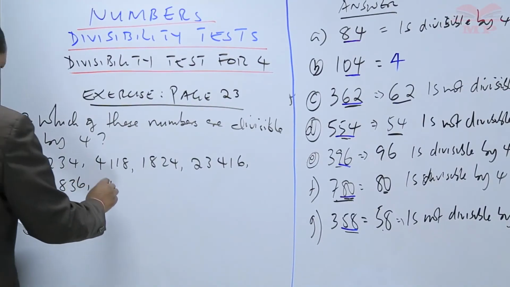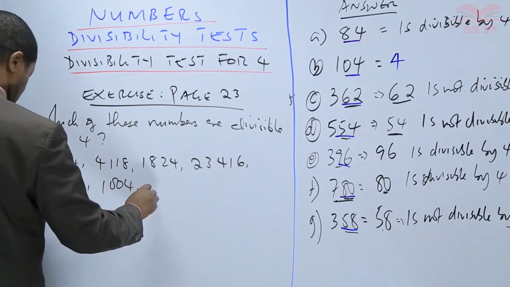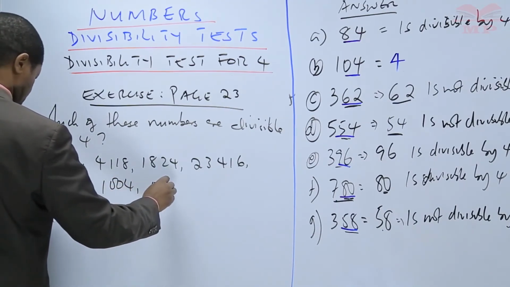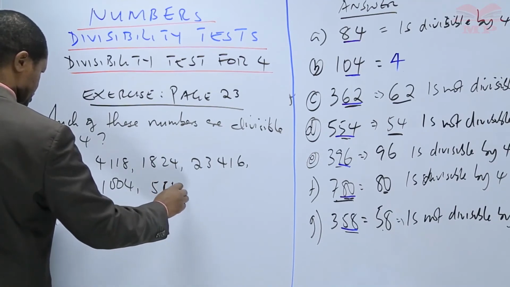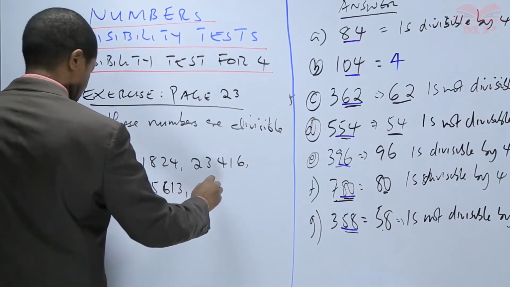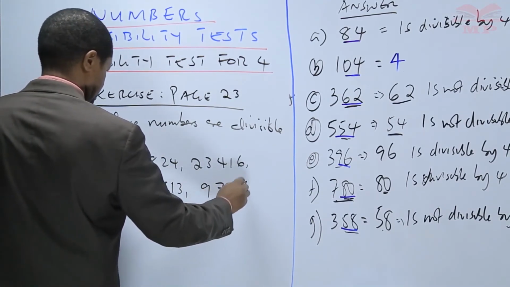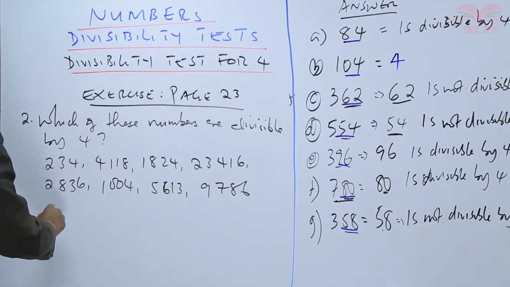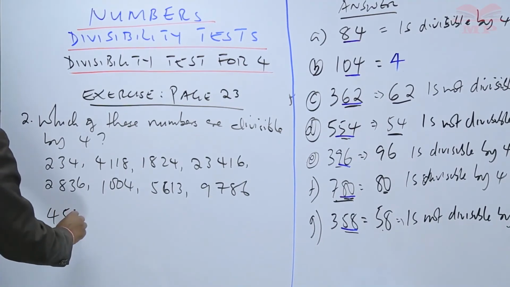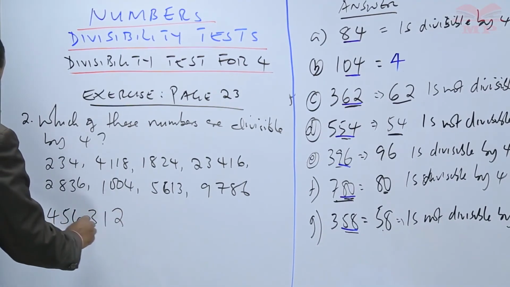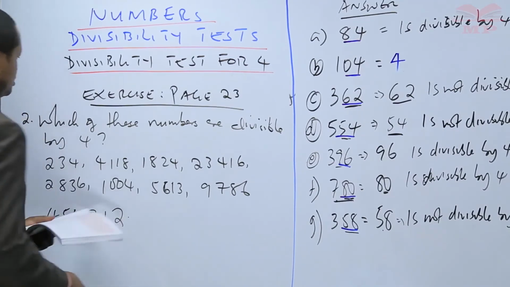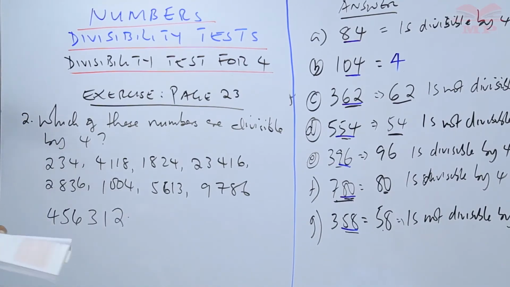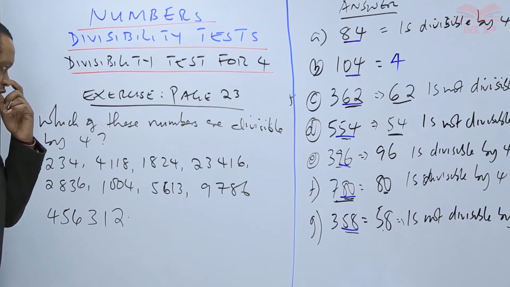Then there is 1004. You have 5613, 9786. Then lastly 45631.